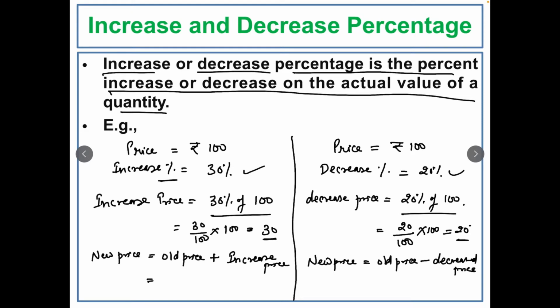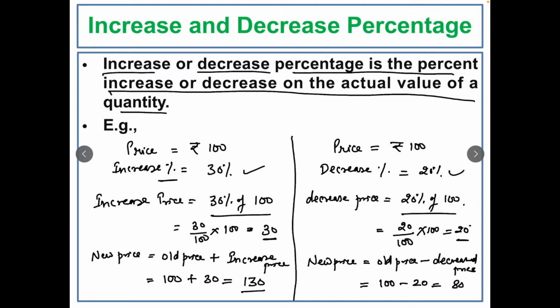The old price here is 100 and the increased price is 30, so the new price will be 130 rupees. And here the old price is 100 and the decreased price is 20, so the new price will be 80 rupees.